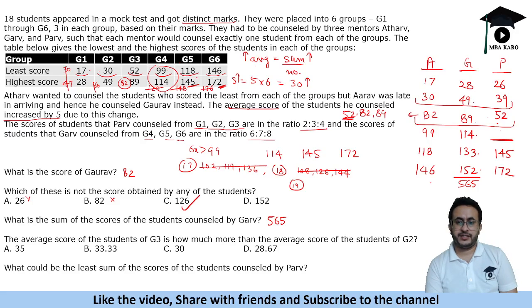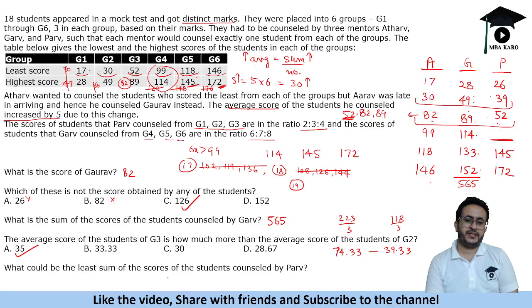So the G3 average is 88 by 18, that is 39.33, and the G2 average is 134 and 223, that is 74.33. So when you subtract, you get the difference as 35.